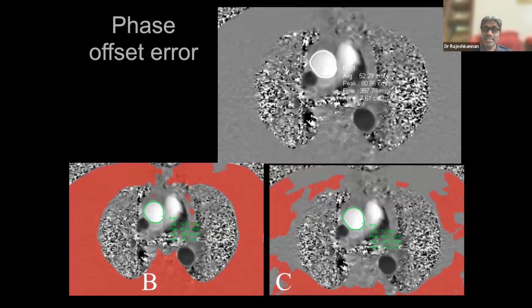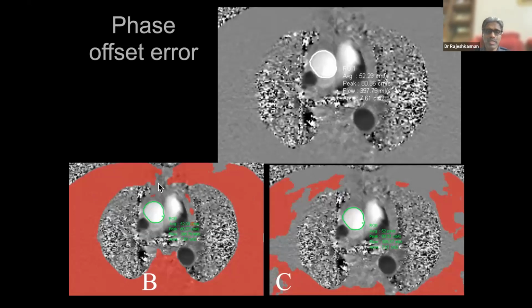And the other thing is the phase offset error, which is difficult to correct, and different systems give you different methods of correction. One option is to use the background correction. When you are using the background, you have to make sure that it's not overlapping with any of the vessels.